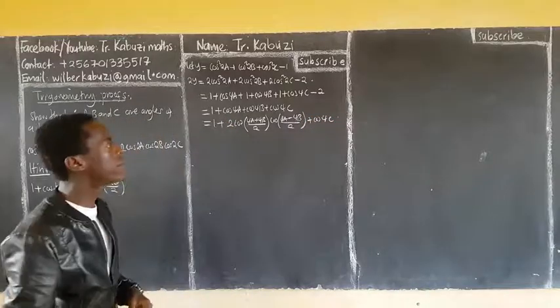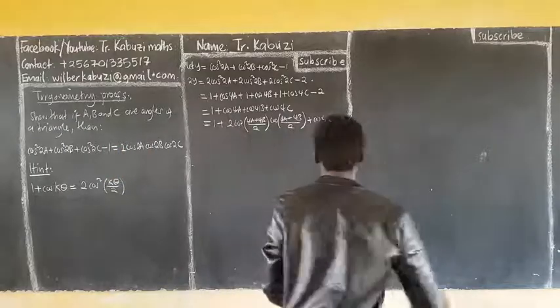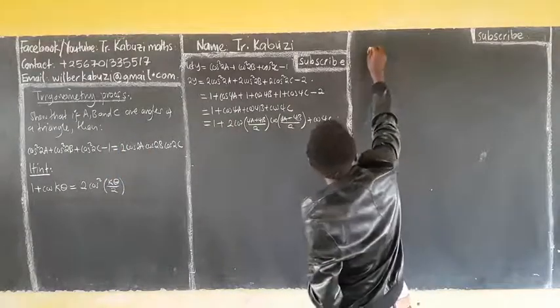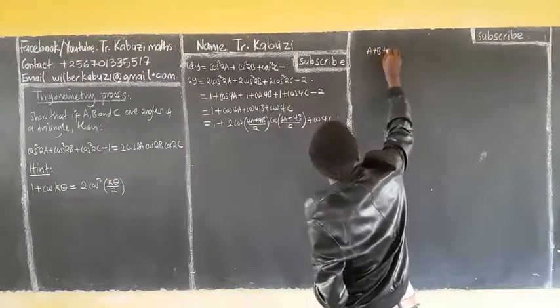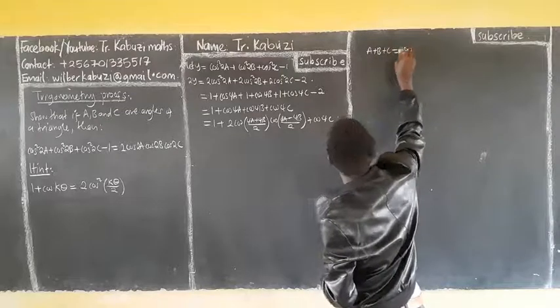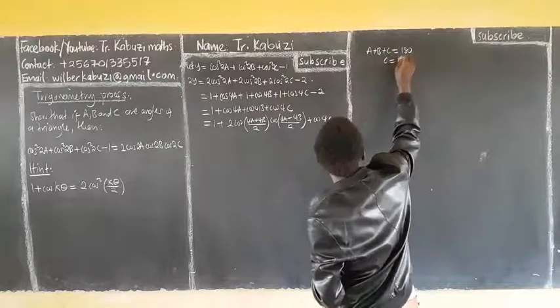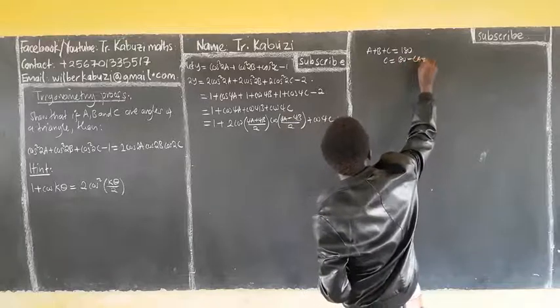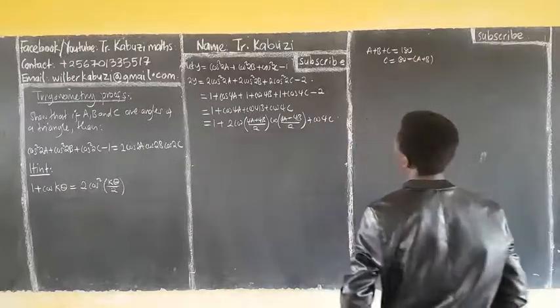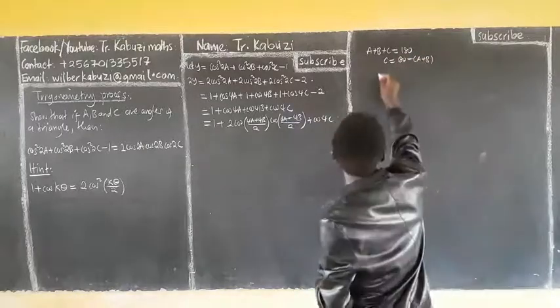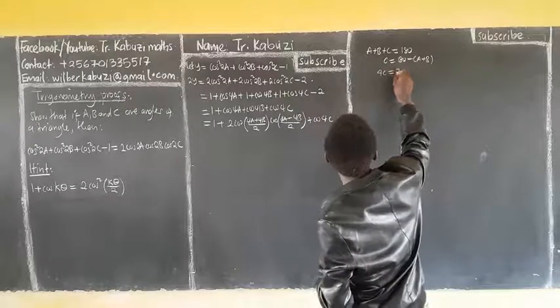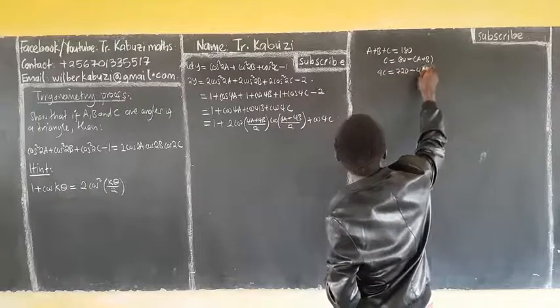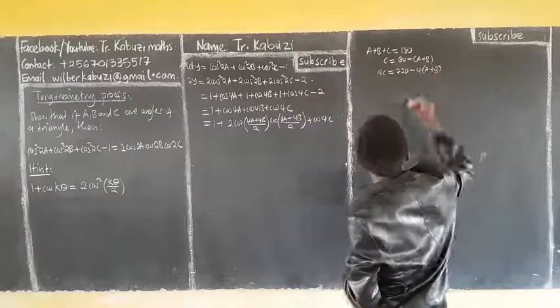Now we are going to remove cos 4C. How are we going to remove it? We know that because the angles of a triangle add up to 180, making A plus B the subject, I need a 4 here. So 4C will be 720 minus 4(A plus B).